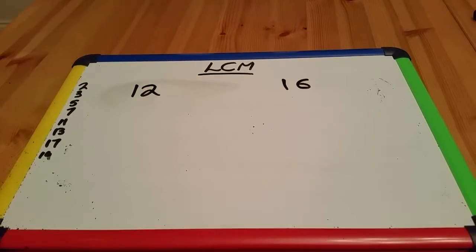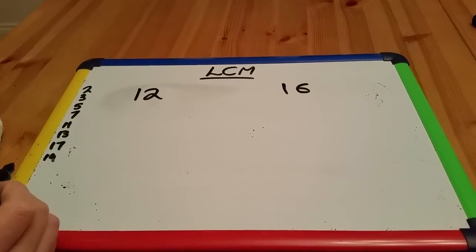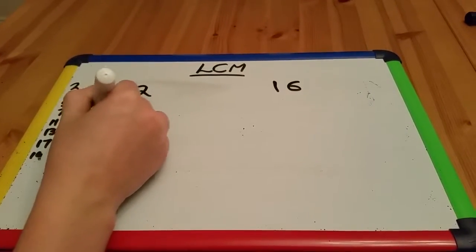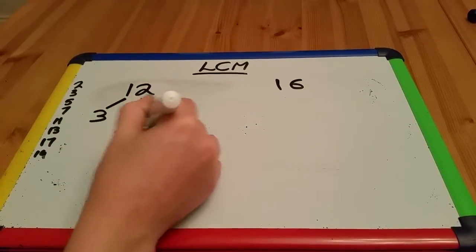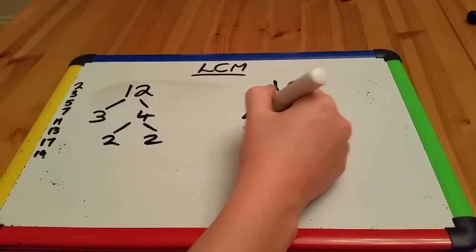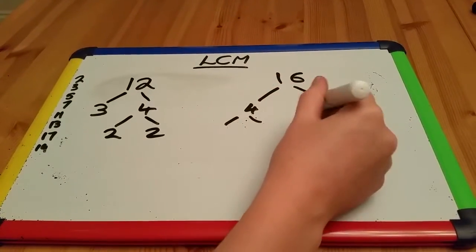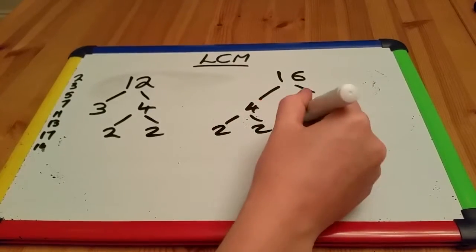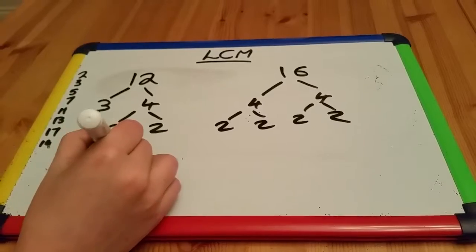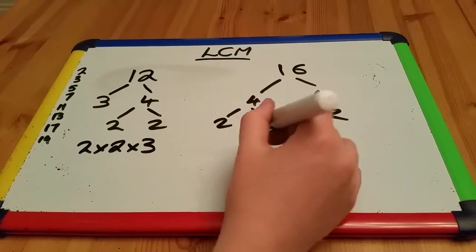So again, looking at the lowest common multiple of these two numbers, firstly break them down into their prime factor trees. So we've got 3 and 4, 2 and 2, 4 and 4, 2, 2, 2, 2. So the sum for this one is 2 times 2 times 3.